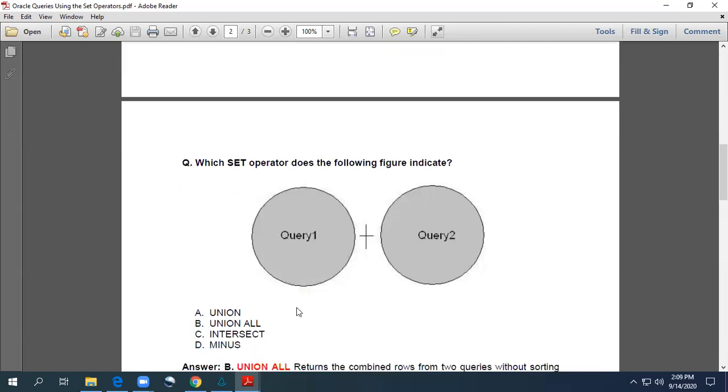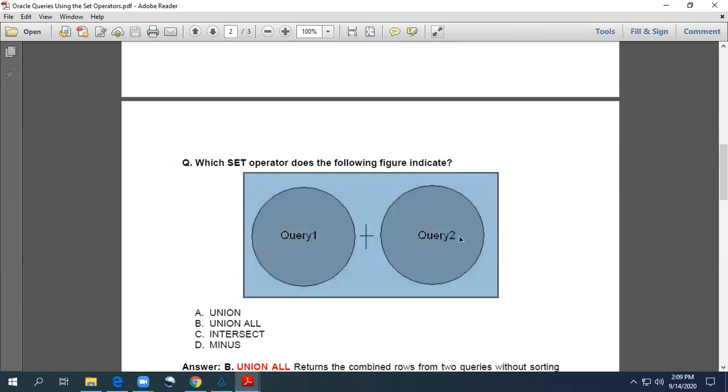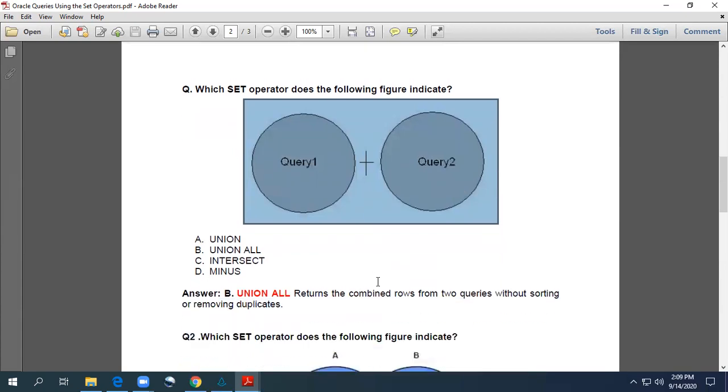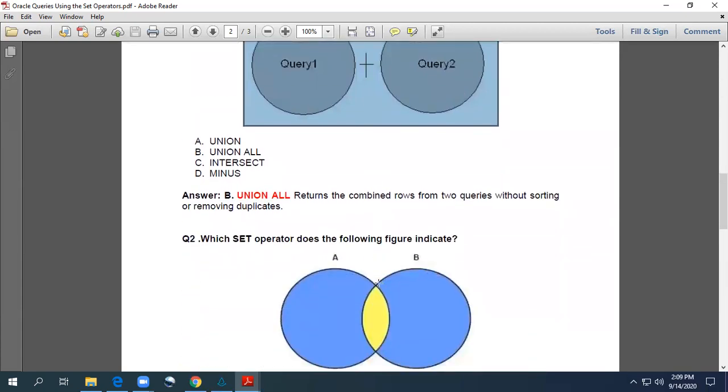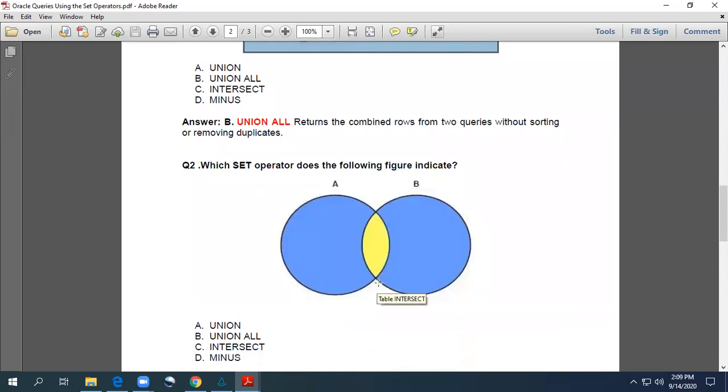The answer is UNION ALL, because the UNION ALL operation does not avoid duplicates. It displays all the values of query 1 along with all the values of query 2, including duplicate values. So this Venn diagram is for the UNION ALL operator. Here again, I ask you this question: which set operator does the following figure indicate?